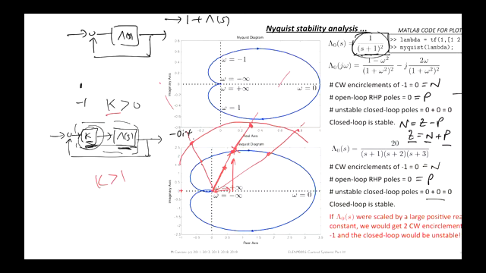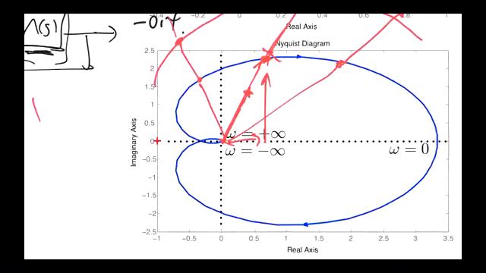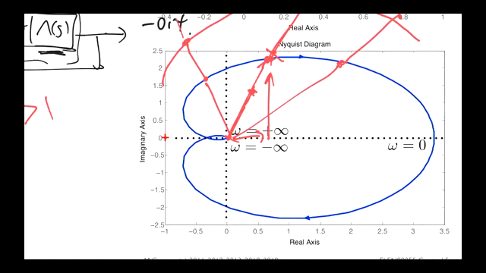So we can see that if we were to scale this nominal open loop transfer function by a number bigger than 1 that takes this point to the other side of the critical point, it would be like saying the critical point is inside here. And we would get 2 encirclements in the clockwise direction.